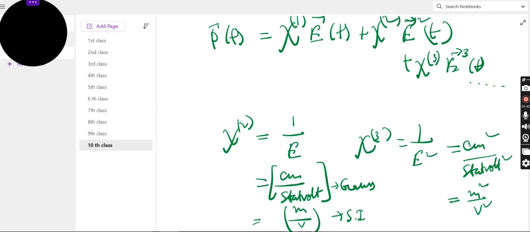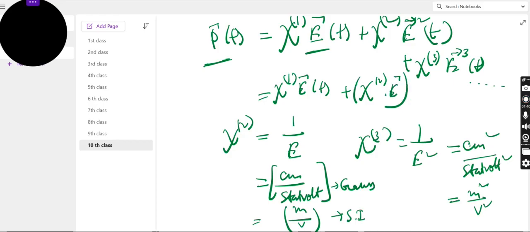So this unit we know, this unit we know. So it can be written as P equals chi 1 E plus chi 2 into E into E, and so on. So chi 2 into E should be equivalent to chi 1 in dimensional analysis.